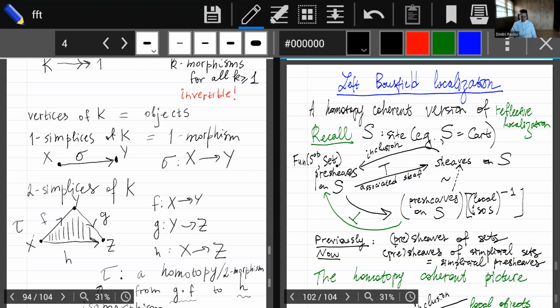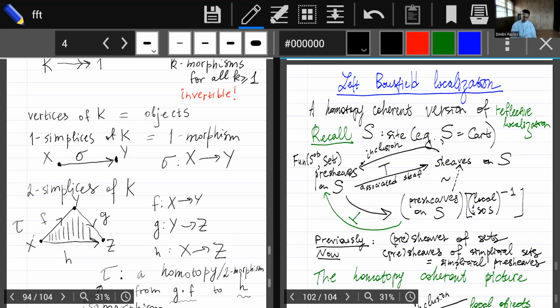And inside this category, I can identify the category of sheaves on S, which is singled out by the gluing condition, which says a presheaf is a sheaf if any compatible family glues to an honest section.